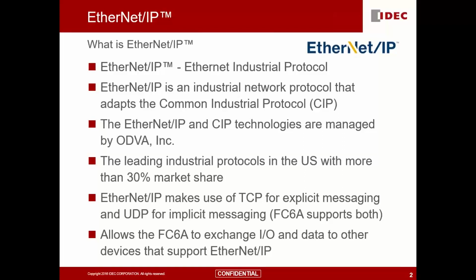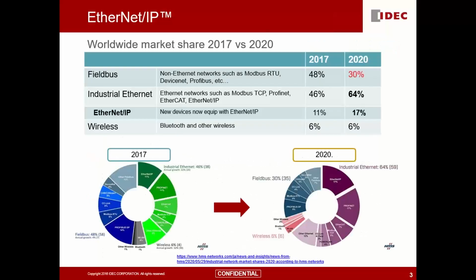EtherNet/IP makes use of TCP for explicit messaging and UDP for implicit messaging, and our FC6A CPU supports both. EtherNet/IP allows the FC6A to exchange I/O and data information with devices that support EtherNet/IP. So it's very similar to Modbus TCP, but there is a difference which I will go over in a little bit.